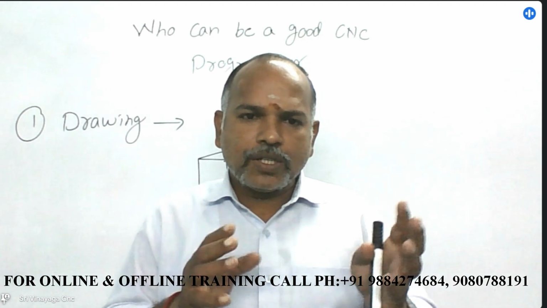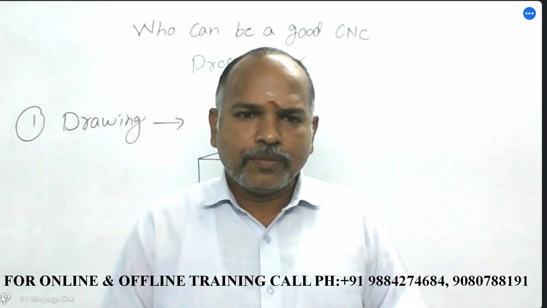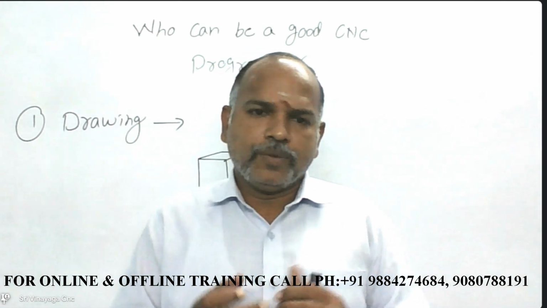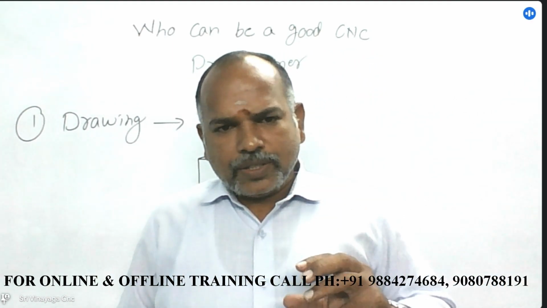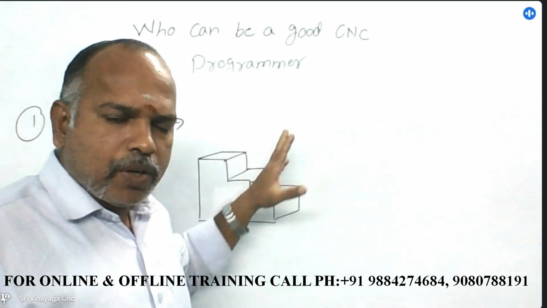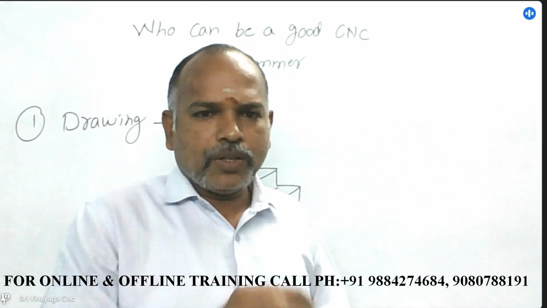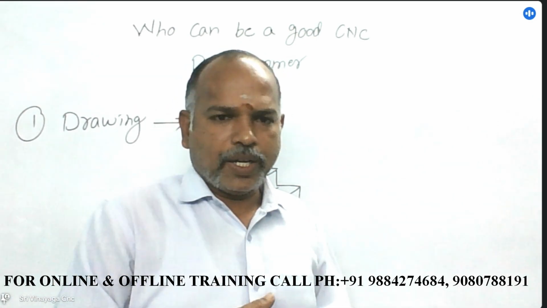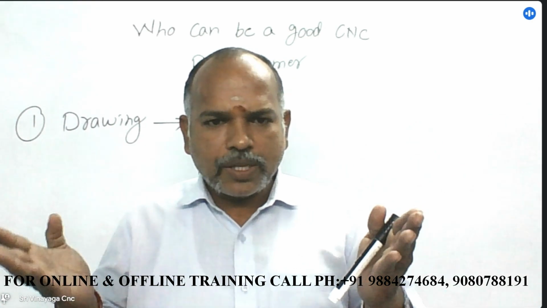Any idea about these two? If you see three directions, three views, that is front view, side view, top view, all three views visible, that is known as isometric drawing. Orthographic is nothing but a 2D diagram, isometric a 3D diagram. 2D means orthographic, 3D means isometric.